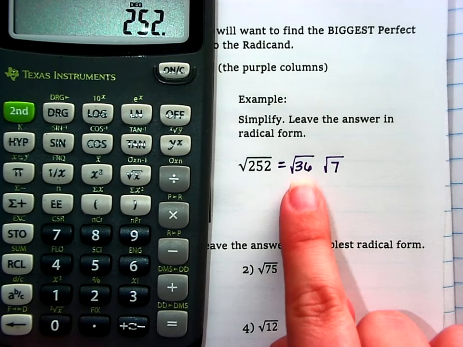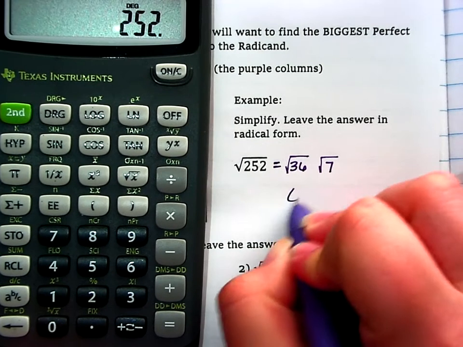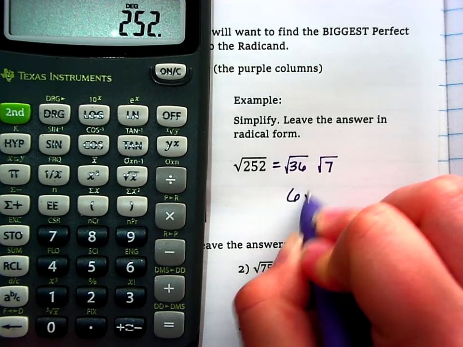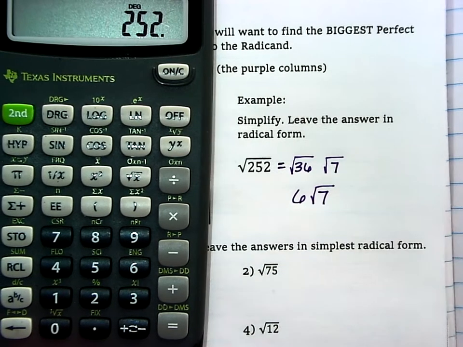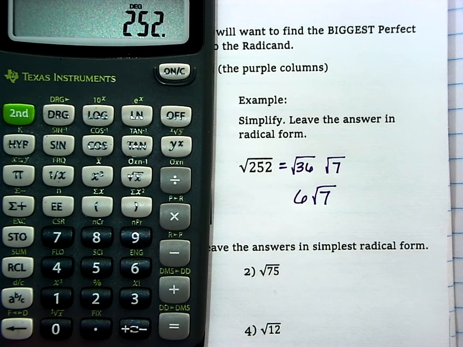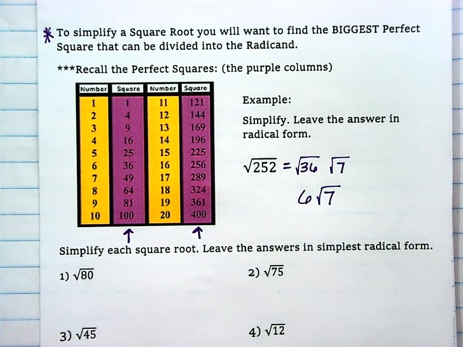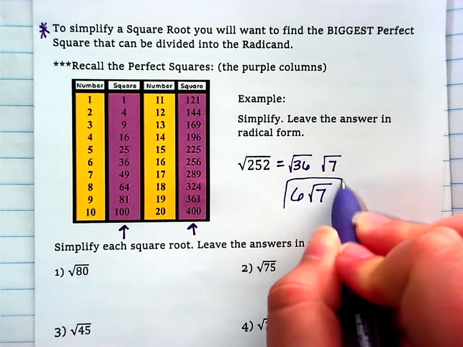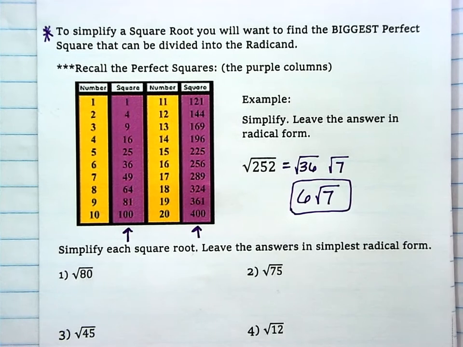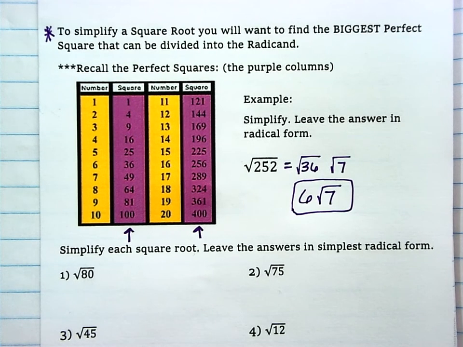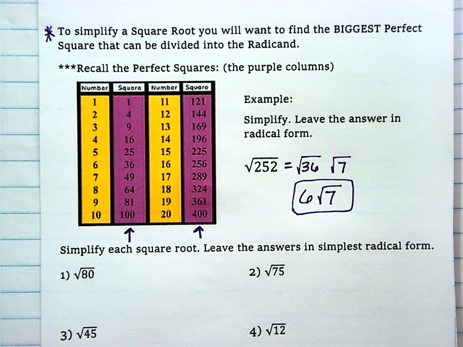The square root of 36 is 6. And then we will just leave the square root of 7 because it's not a perfect square. It would be a decimal. So this would be the final answer. 6 radical 7, or 6 times the square root of 7.